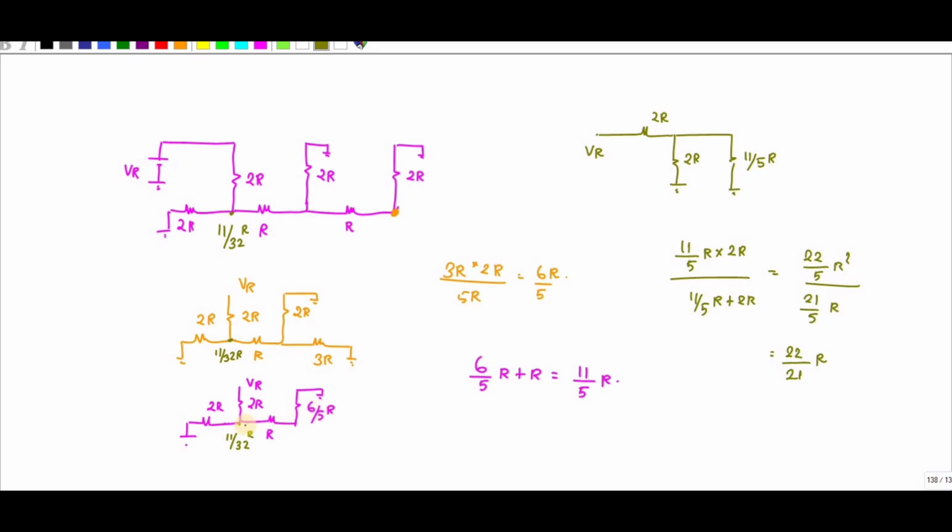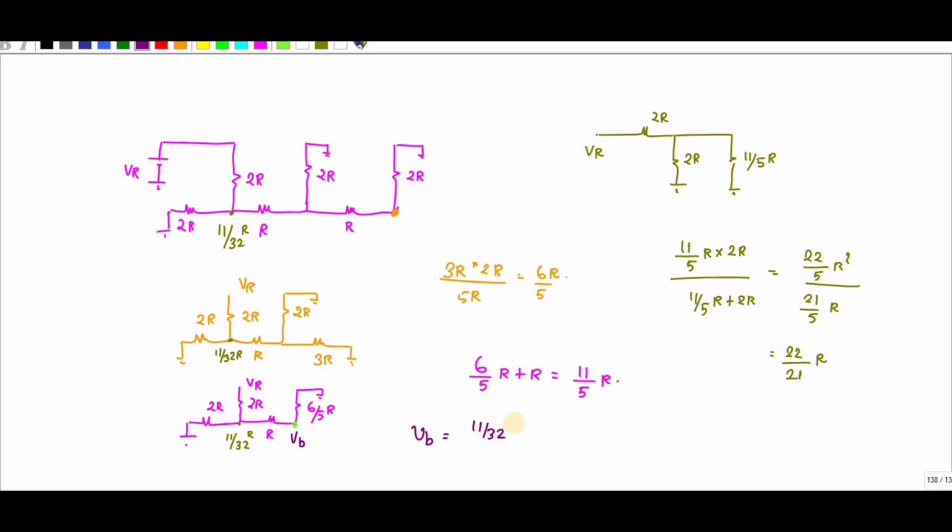If this point is 11 by 32 VR, I want to find this other point, which I can call VB.